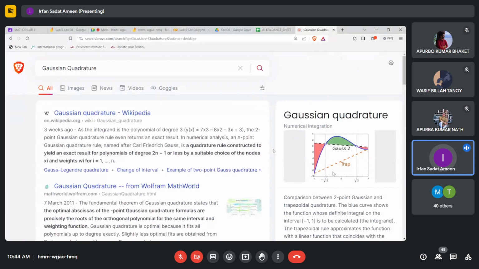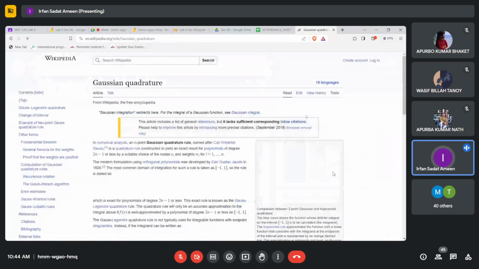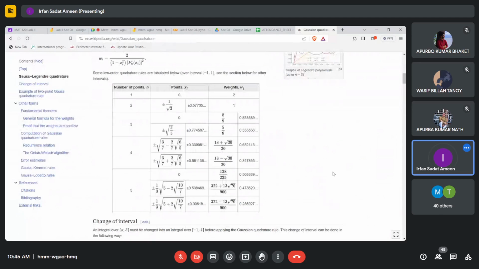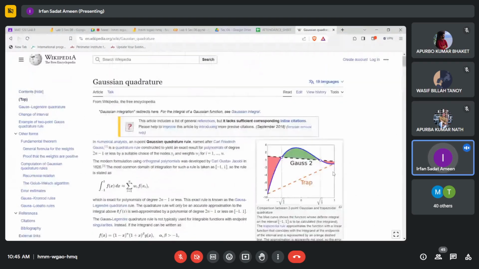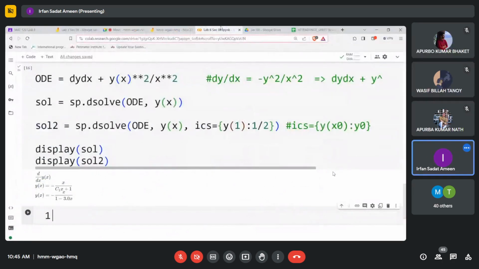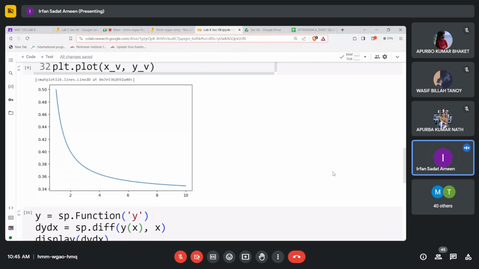But this is quite interesting. So if anyone is interested in numerical methods, you can look at this particular problem. This method is very interesting, and it is used inside a SciPy function. So let's see how we will implement this here. So first we need the package.